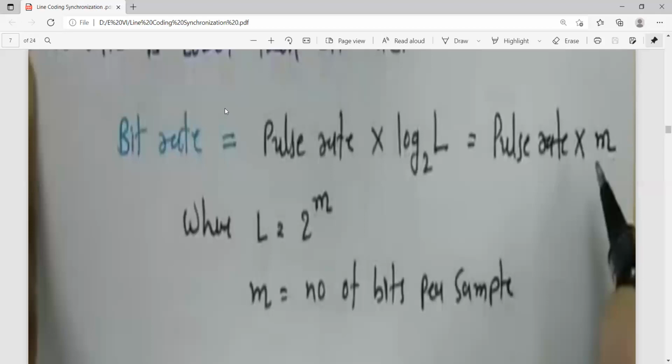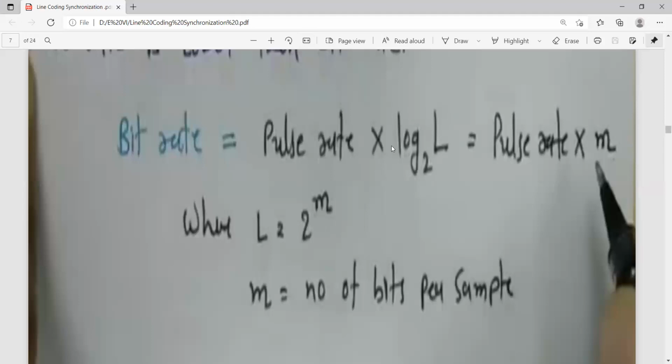So in place of L, substitute log 2 to the power of m, to the base 2. Since log x to the power of m is equal to m log x, this becomes m times log 2 to the base 2, and log 2 to the base 2 is equal to 1.